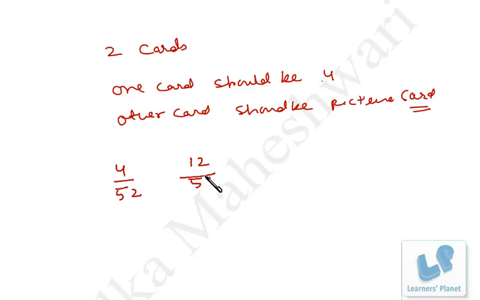Now again there is a twist. We are asked that one card should be 4 and the other card should be a picture card. But we are not told that the first card should be 4 and the second card should be a picture card. So we have to consider both the events: first is 4 and second is a picture card, or first is a picture card and second is a 4.